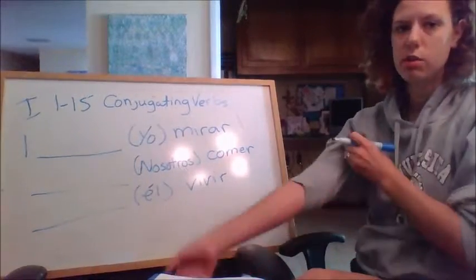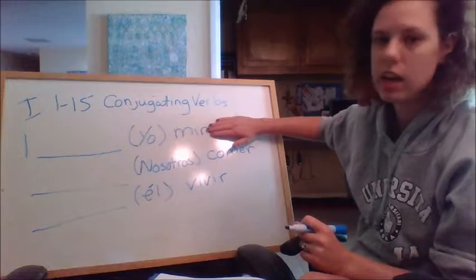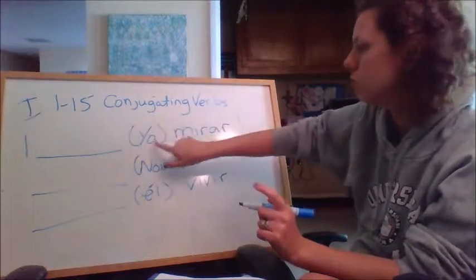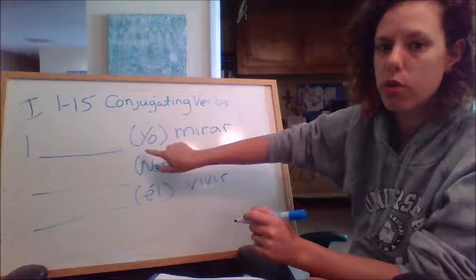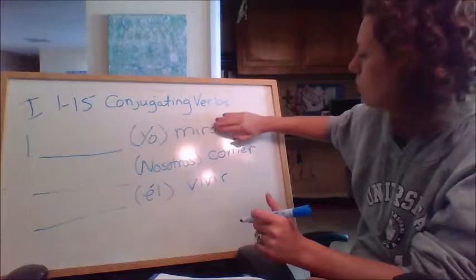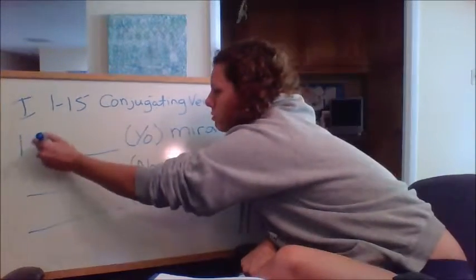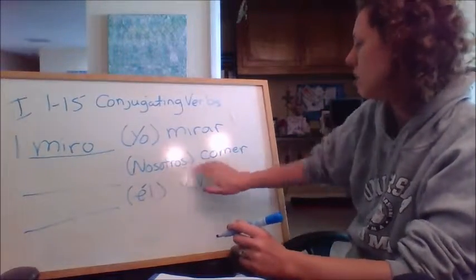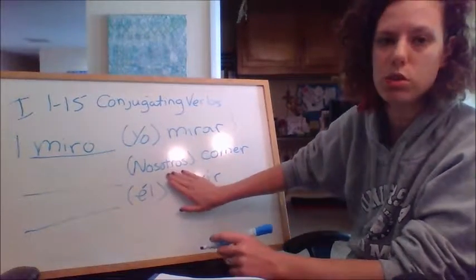To conjugate verbs, we take off the infinitive ending and then add whatever ending was in the box that the subject corresponds to. The yo ending for AR verbs was o. So we take this off and then we add an o and it becomes miro. Same thing here. The ending for an ER verb for nosotros was emos.